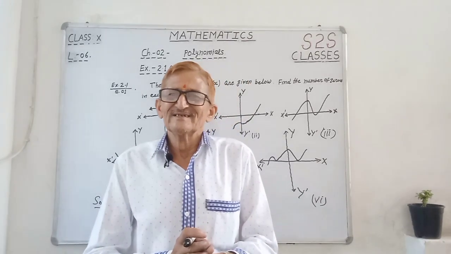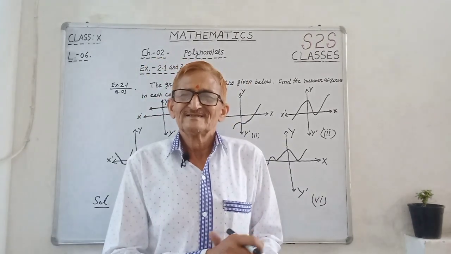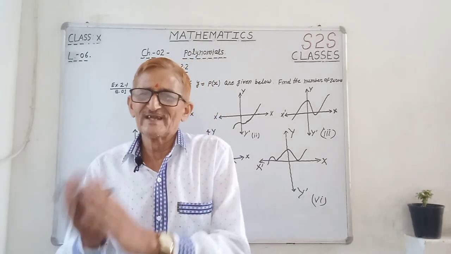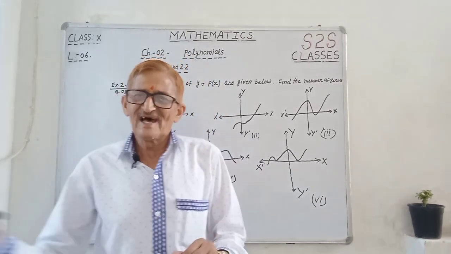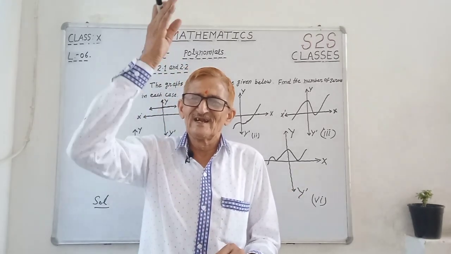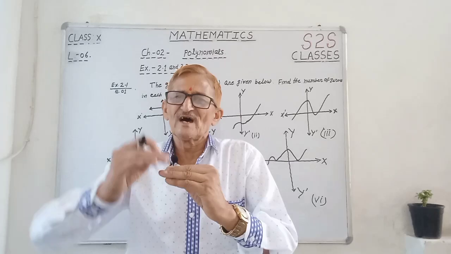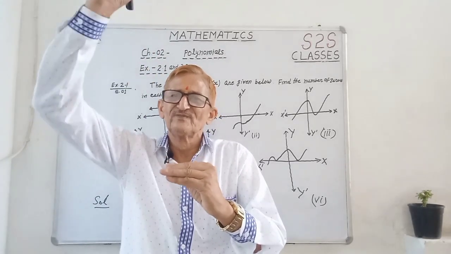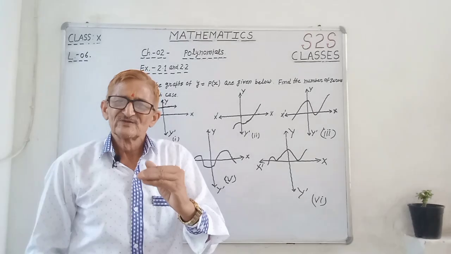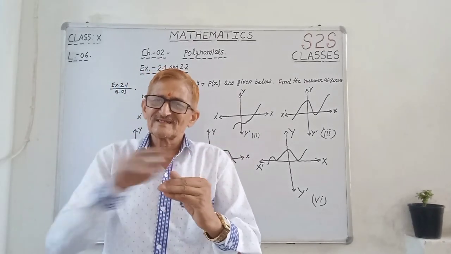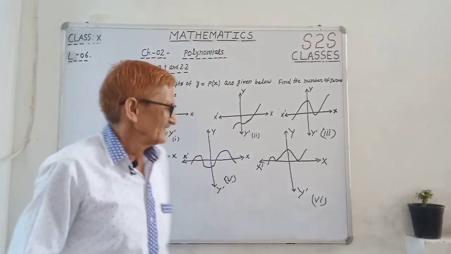Every point on the x-axis has its y coordinate 0, because the x-axis is a horizontal line and the y-axis is vertical. So y will start from the origin upward positive 1, 2, 3, 4 and downward minus 1, minus 2, minus 3. So always on the x-axis y is 0 everywhere.